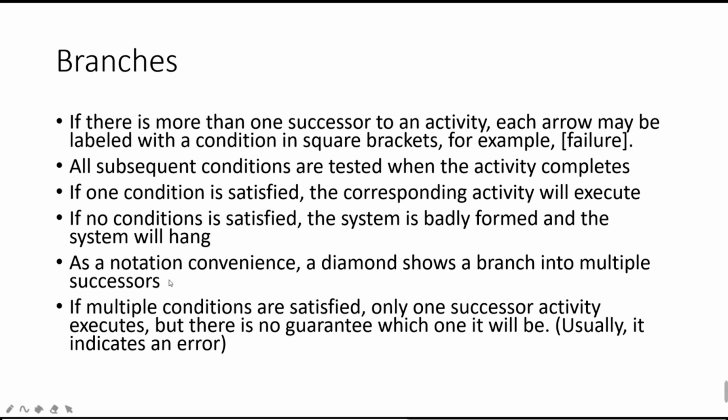And as a notation convenience, a diamond shows a branch into multiple successors. If multiple conditions are satisfied, only one successor activity executes, but there's no guarantee which one it will be. Usually, it indicates that there is some error.